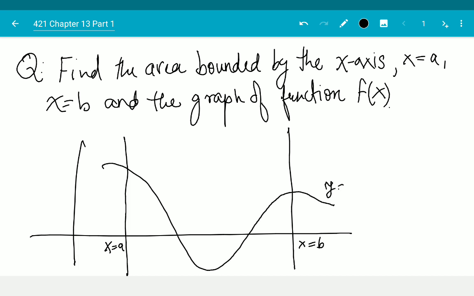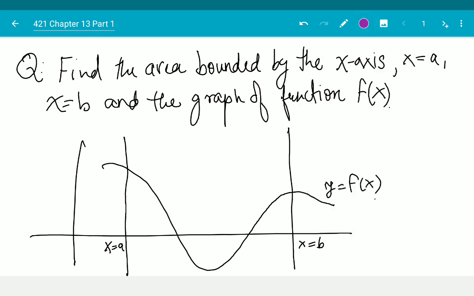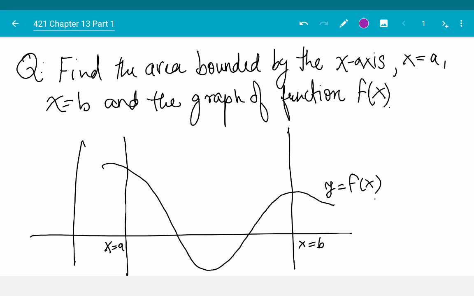This is my y equals f of x. Okay, great. So the area that I'm interested in is going to be this area, and this area.